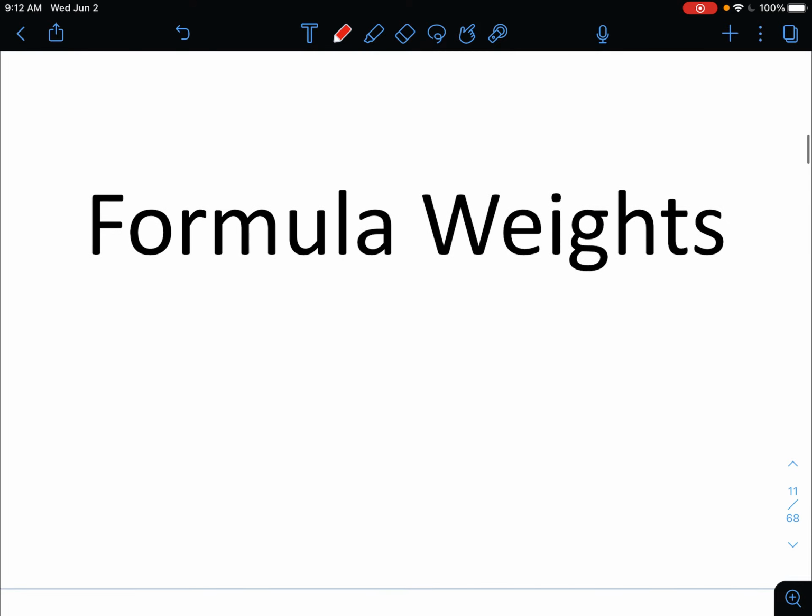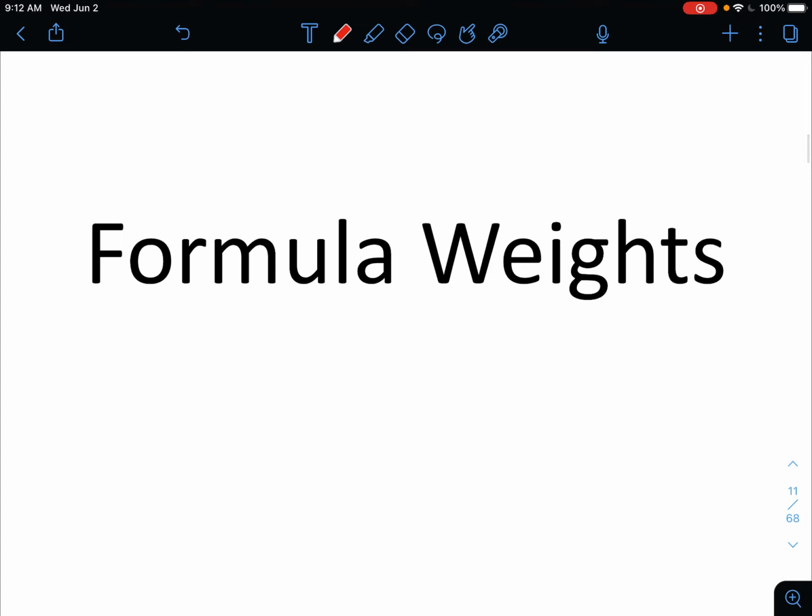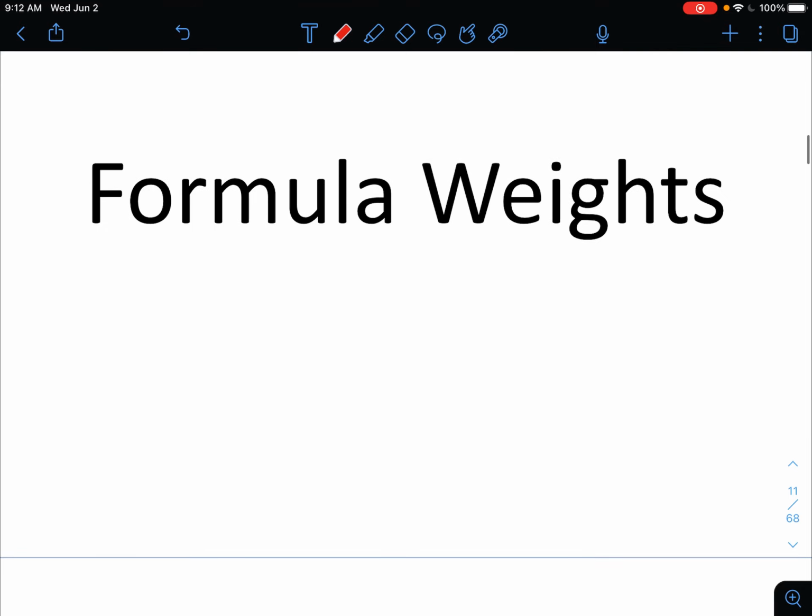So one of the first calculations we can do using the periodic table, and I think there's a newer periodic table under the handouts folder that's a little bit easier to read in terms of the numerical values. But one of the first things we want to be able to calculate are formula weights.